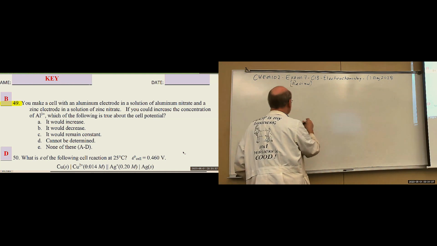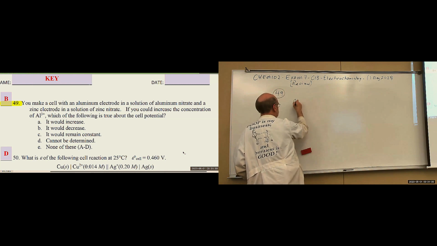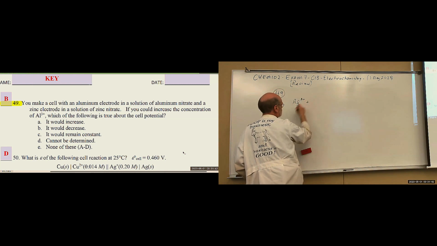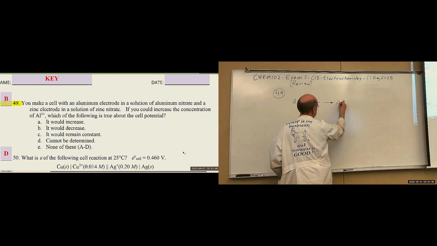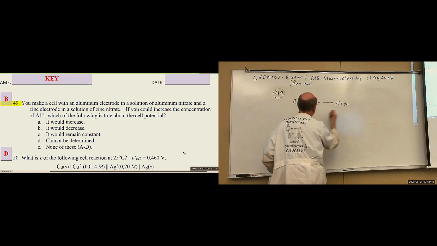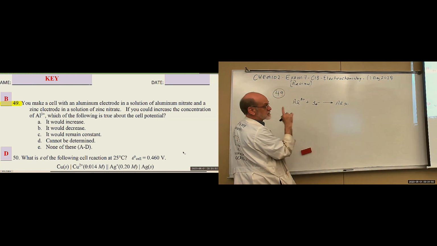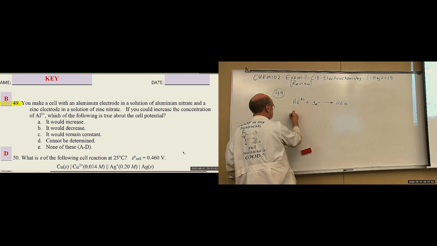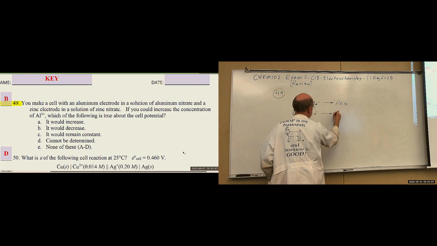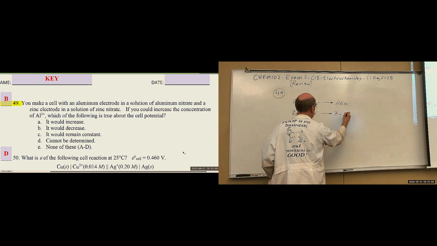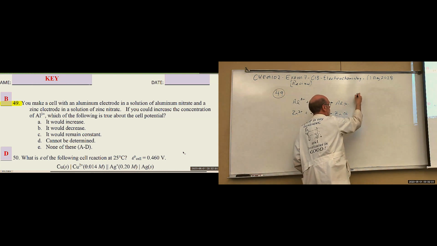Right. We have aluminum 3+ plus 3 electrons yields aluminum metal. And the other one is zinc. Zinc 2+ plus 2 electrons yields zinc metal.